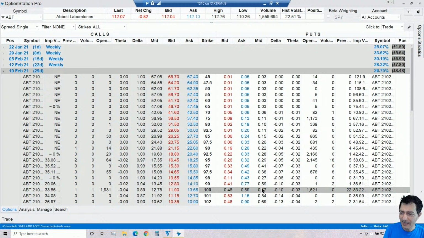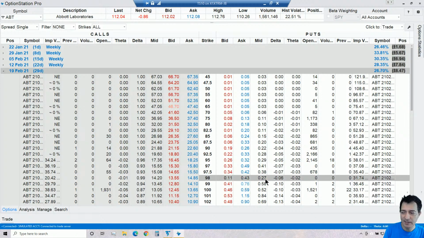Now, what if we do the 98? Well, if we do the 98, it's looking like the liquidity is better, in the sense that we got 43 to 11, so the midpoint is 27. So if you compare the 52 you're going to get with the 27 you would have to pay, you end up with a credit of 25 if I did the math correctly, and this may or may not be okay.